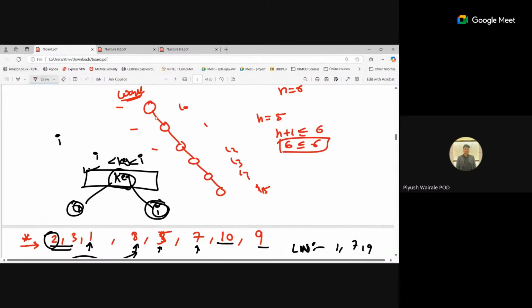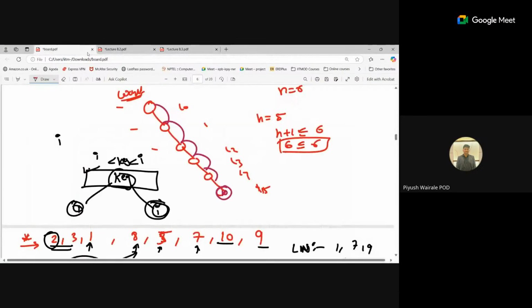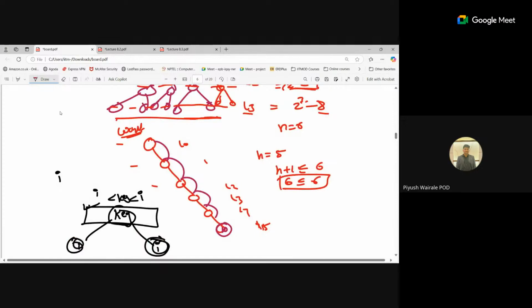Whatever element I want to search is at this particular position, so I need to compare each and every node. So in the worst case, the time will be order of n. But what about the best case scenario? When we talk about the best case scenario, it will be like this.